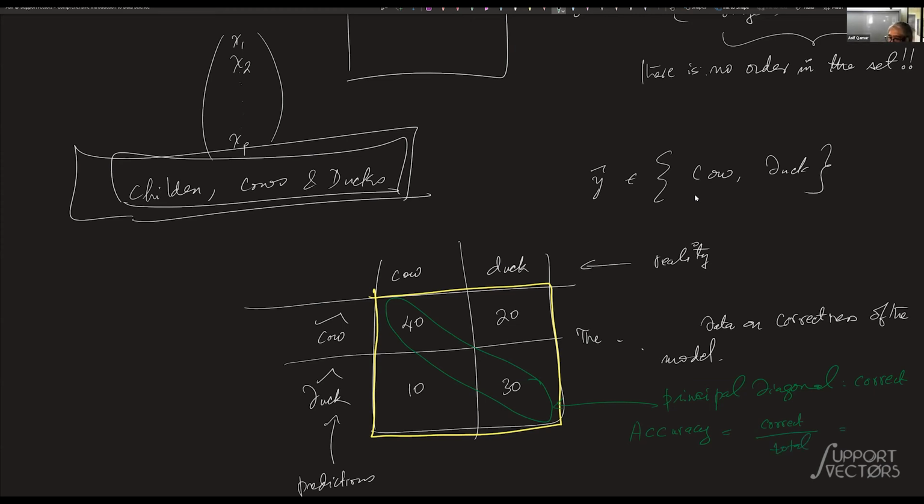So what is the total here? 100. So it is 70 over 100. That is 70%. So we know that our child has learned; its accuracy is 70%, isn't it? 70% accurate. That is a measure of learning.